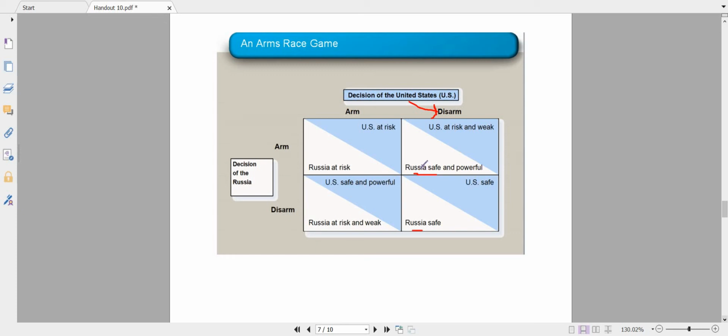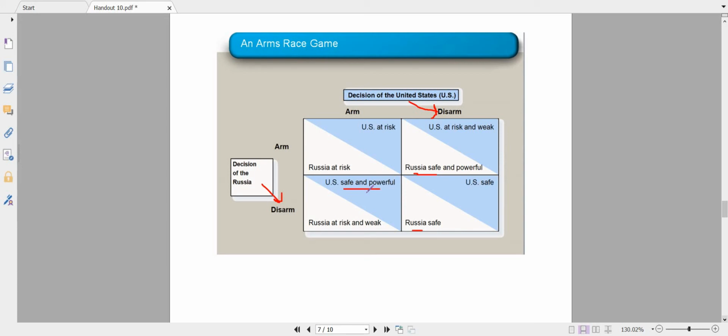So if Russia can think this way, US can also think in the same manner. If US thinks that Russia is going to stay true to the agreement and continue to disarm, it's best for US to arm itself and as a result become safe and assume an upper hand in the diplomatic relationship between the two countries.